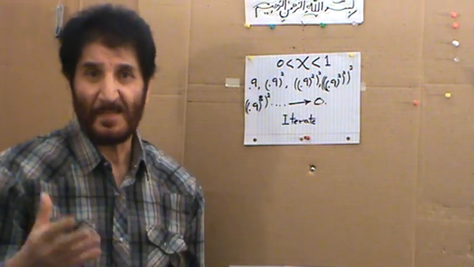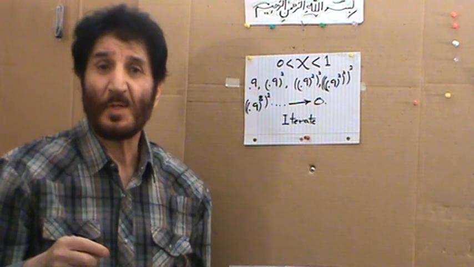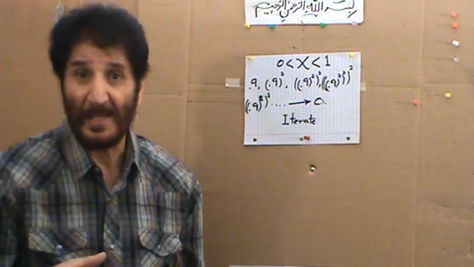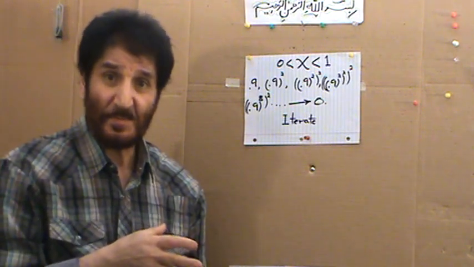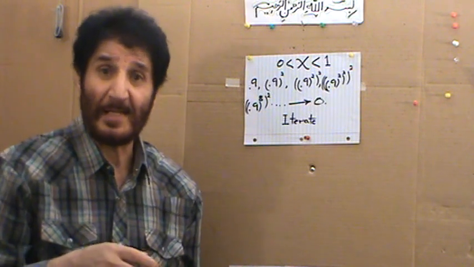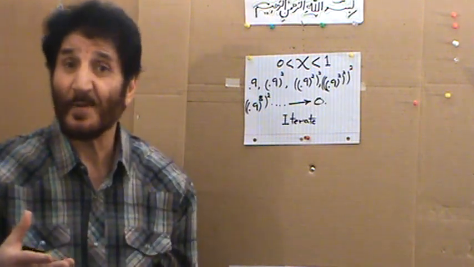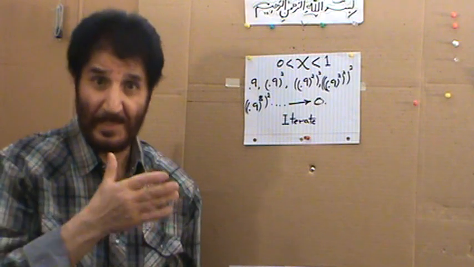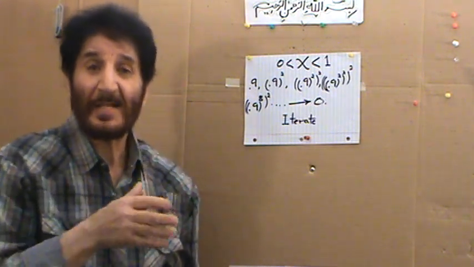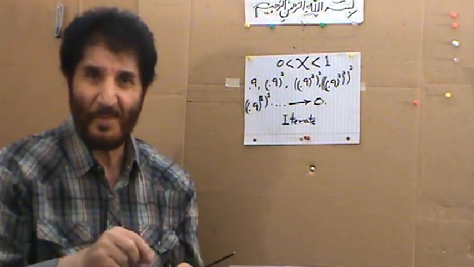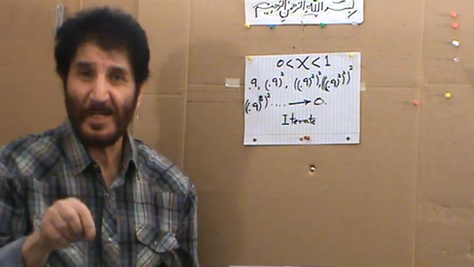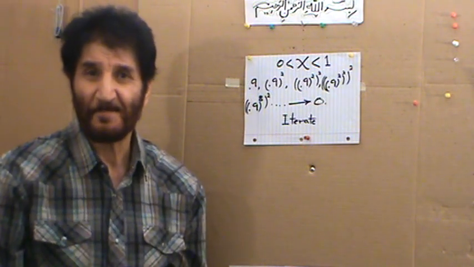So if you iterate, for example, raise it to the power of 2, then raise the result of that to the power of 2 again, which means the first one you are raising to the power of 4. Then raising that one to the power of 2 again, which means the first one you are raising to the power of 8, and so on and so forth. You are iterating, and by doing that, try with your calculator, you will see that the number is approaching 0, and finally your calculator will give you 0.